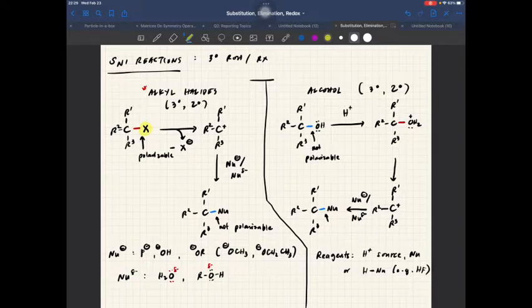The first step is that the leaving group leaves, forming a carbocation intermediate, which is a strong electrophile. Finally, the nucleophile attaches to the carbocation, forming the desired product. Take note that the bond formed by the nucleophile to carbon is not polarizable, meaning it is a strong bond.